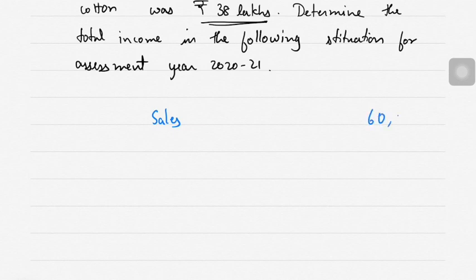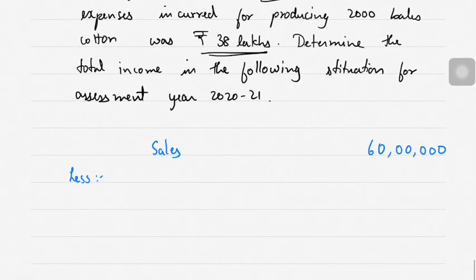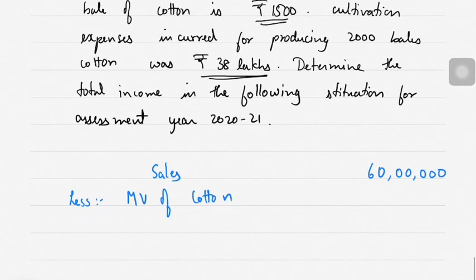So the sales of thread is 60 lakhs. Less, you will subtract the market value of cotton. You have not purchased cotton. You have produced cotton for 38 lakh. You will not take this 38 lakh into account.